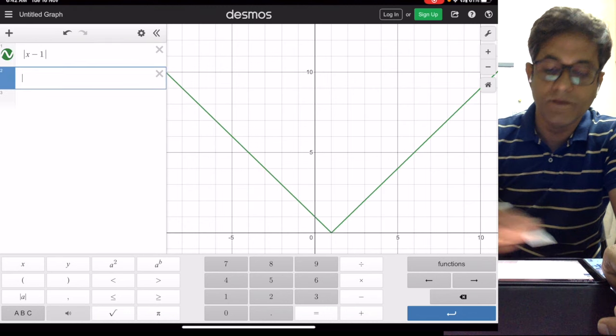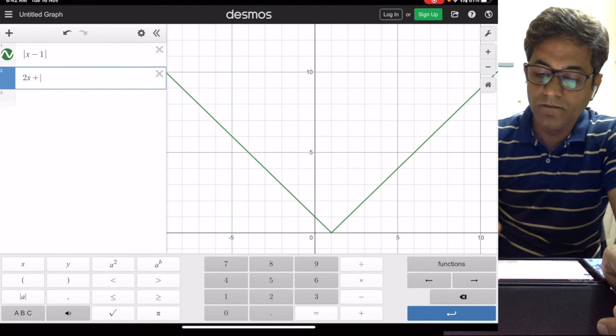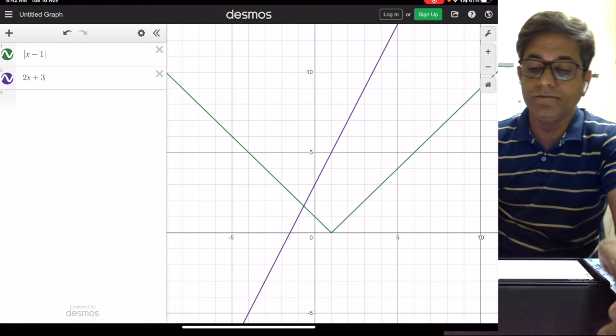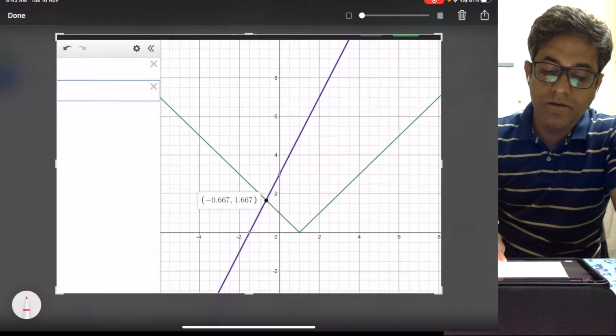So this is the graph of mod x minus 1 and this is the graph of 2x plus 3.